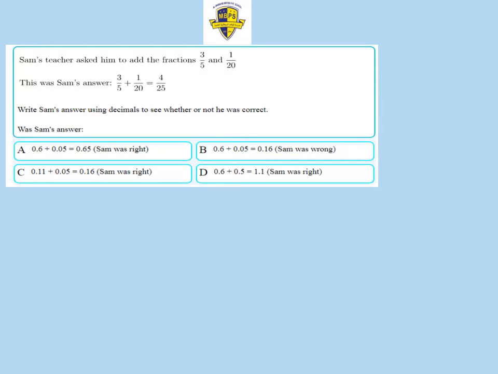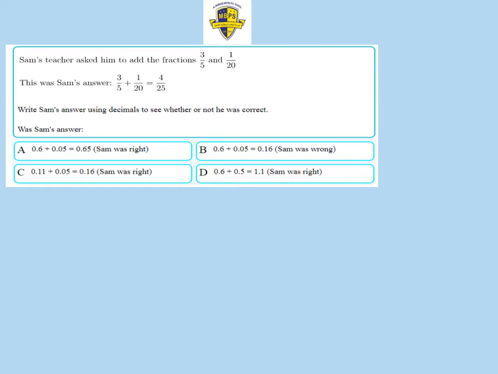Now the third question. Sam's teacher asked him to add the fractions 3 out of 5 and 1 out of 20. This was his answer. 3 out of 5 plus 1 out of 20 equal 4 out of 25.